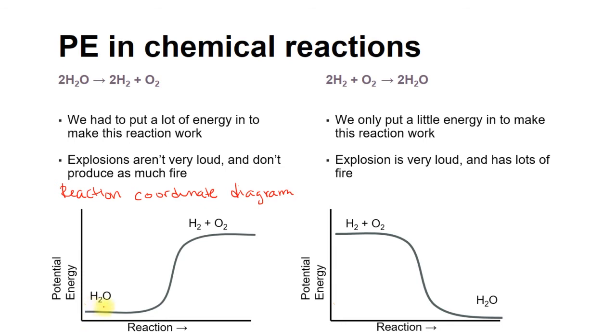So, water has relatively low energy, and if we put a bunch of electricity into it, you can get hydrogen and oxygen, which are relatively high in energy. But if I take hydrogen and oxygen and put them together to make water, that same amount of energy comes right back out. So here we're adding energy, and here we're taking energy away. In other words, we're producing it. Okay.